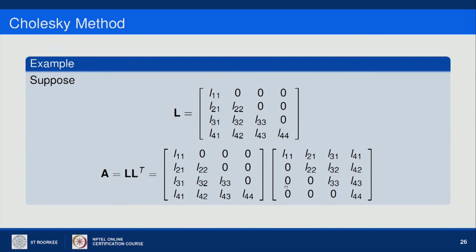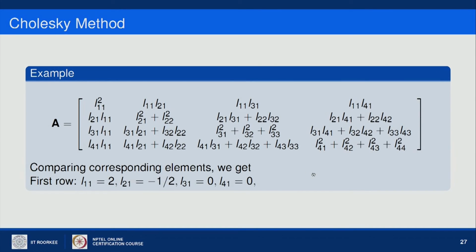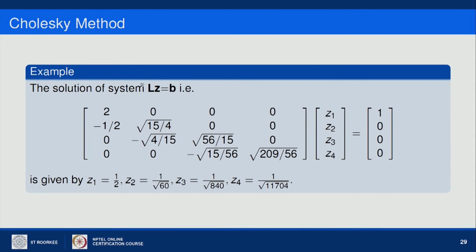LL transpose will become like this. Here, this will be the transpose of L. Products can be written in this way. After comparing the entries of A with the entries of this matrix, L comes out in this way. From here I will get the values of Z1, Z2, Z3, Z4.